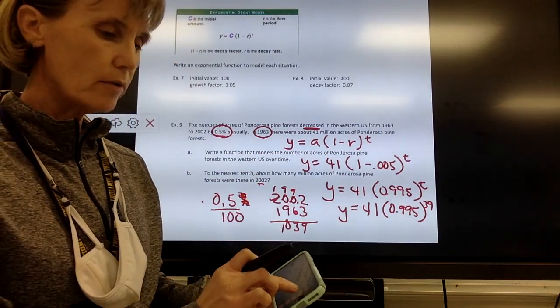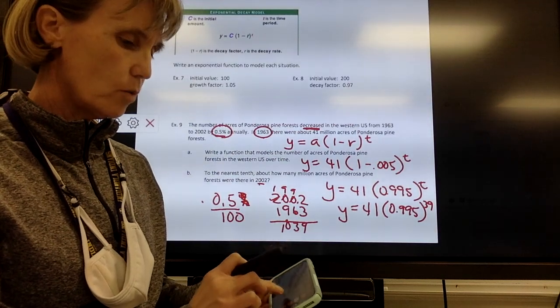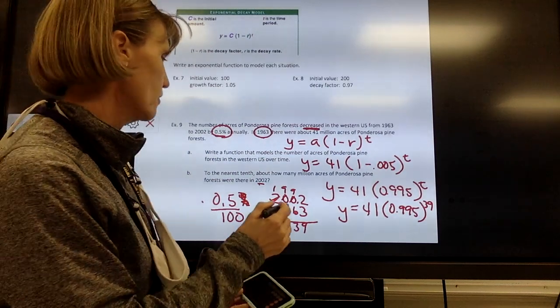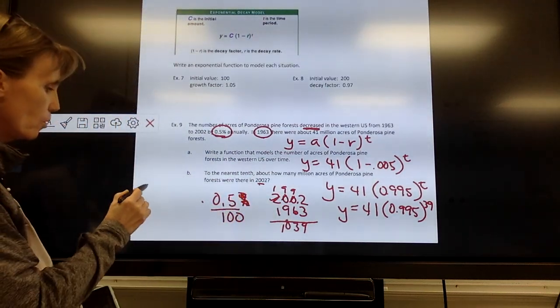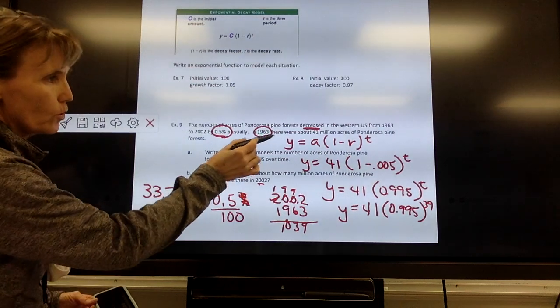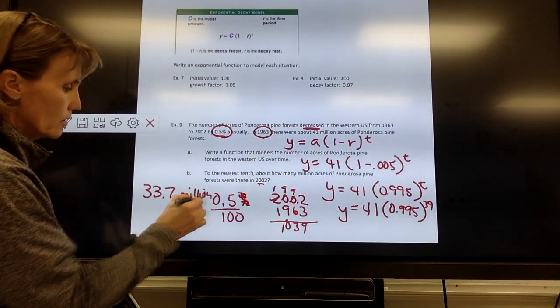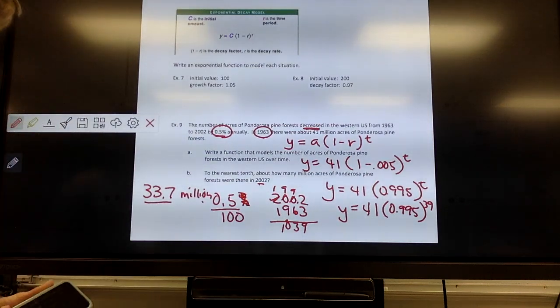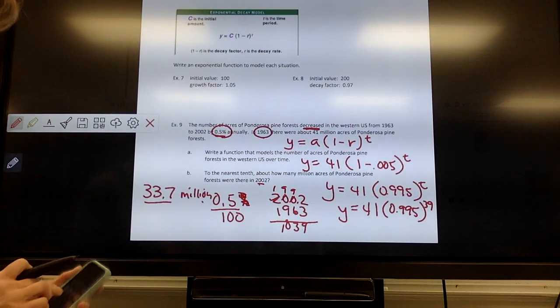Don't round it, just take it times 41. And it says round to the nearest tenth. So I'm going to get 33.7, and it's million. Remember that 41 was million, so this is 33.7 million acres of pine forests are left.